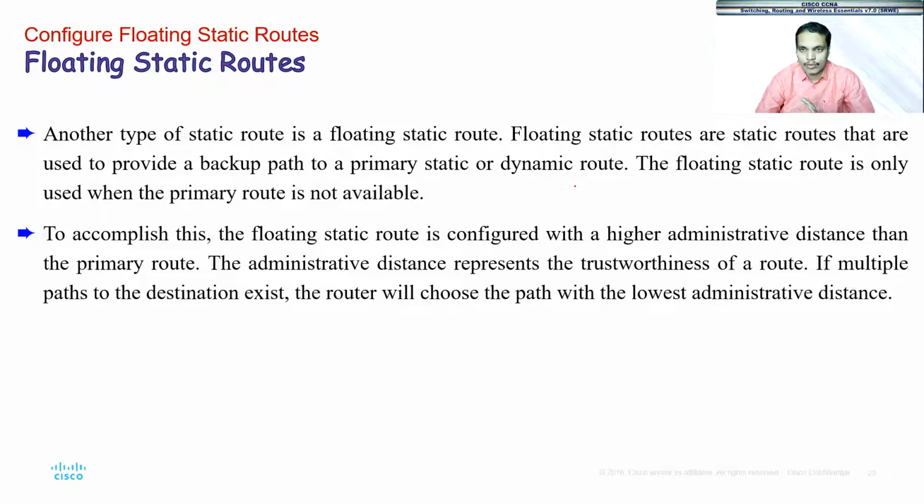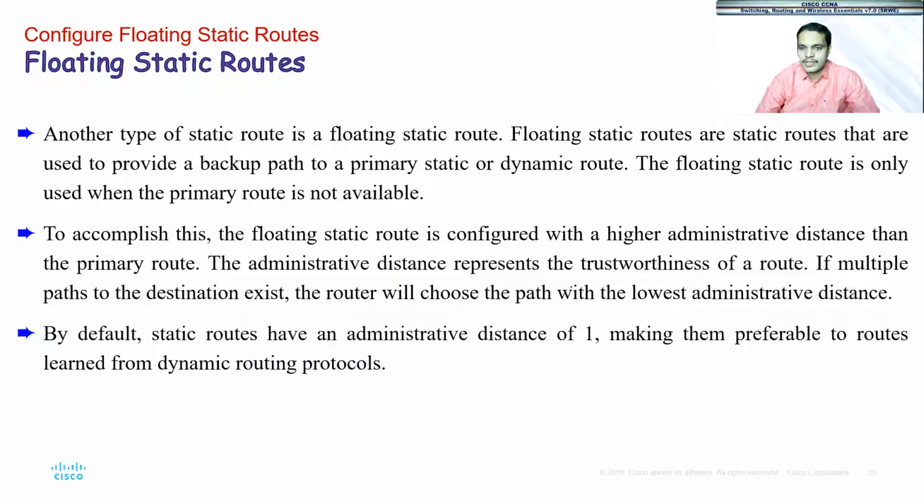The floating static route will not be kept in it. If the primary fails, then this particular floating static route will come into play because it has the next least administrative distance. Okay. And because the administrative distance represents the trustworthiness of a route, the lower the administrative distance, the higher the trustworthiness.